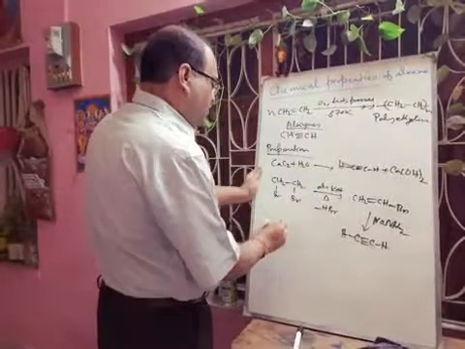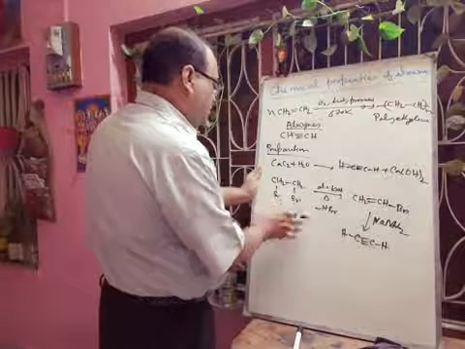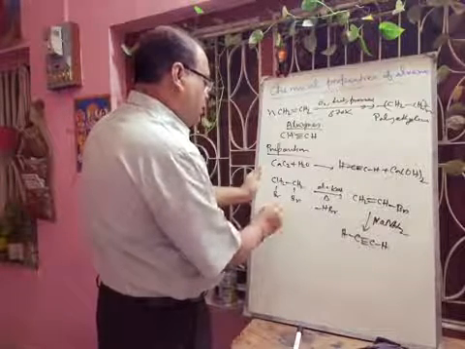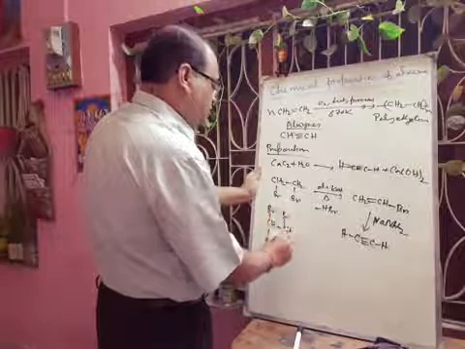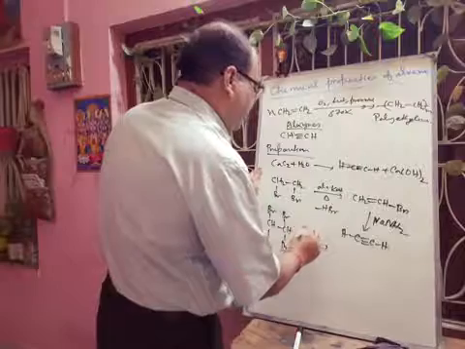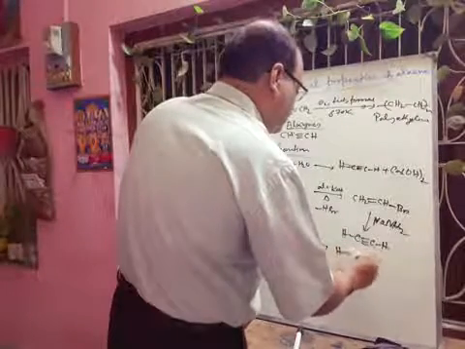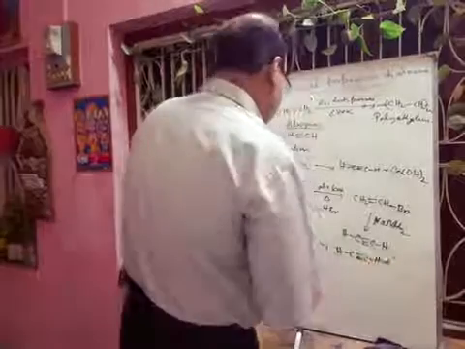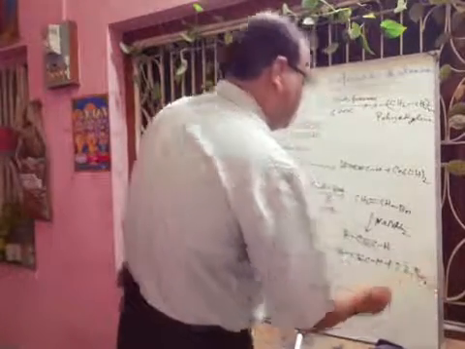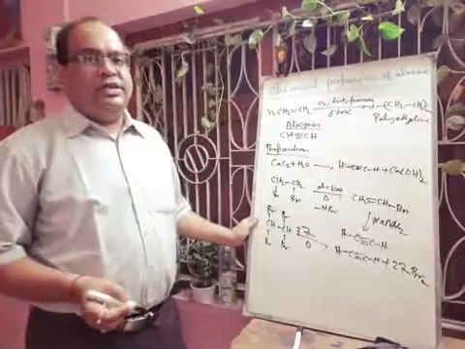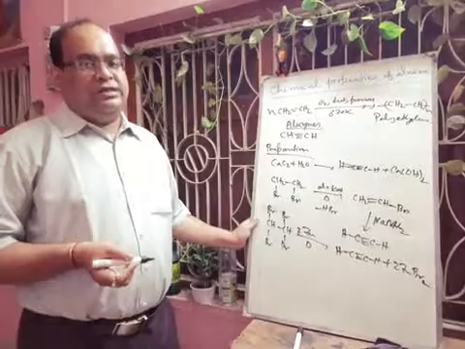So we are telling about that CHBr2 CHBr2, and when we are applying heat with zinc dust, then there will be formation of acetylene molecule with formation of twice ZnBr2. So in this way also by heating with zinc we can prepare the acetylene.